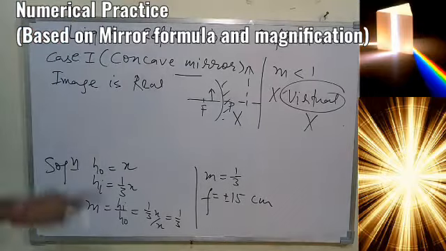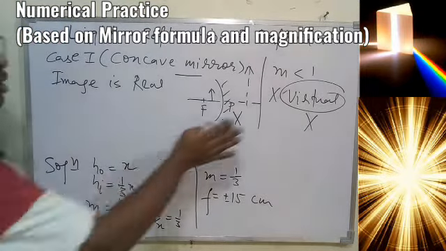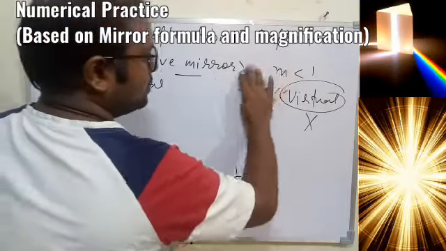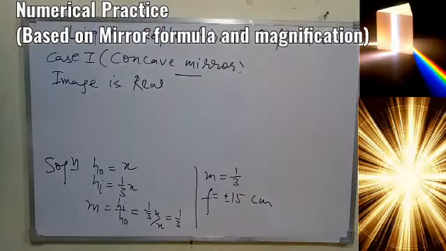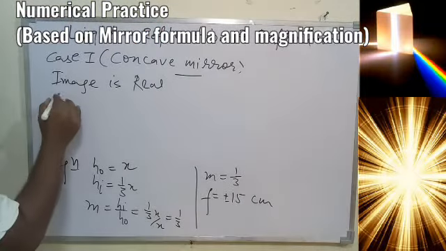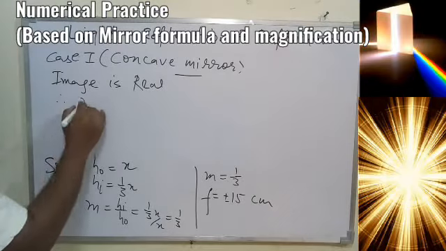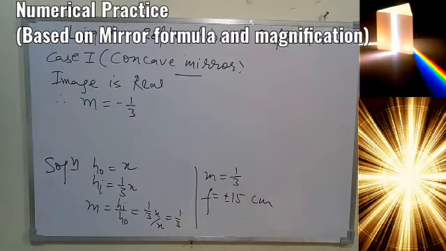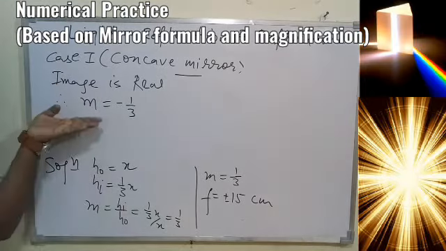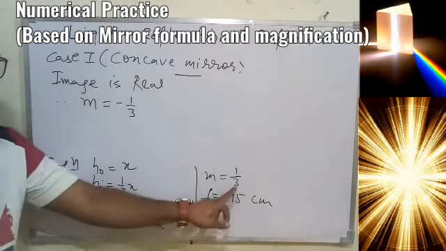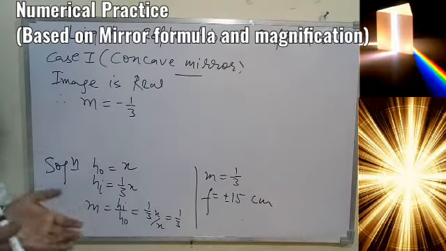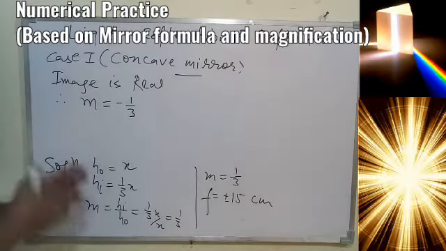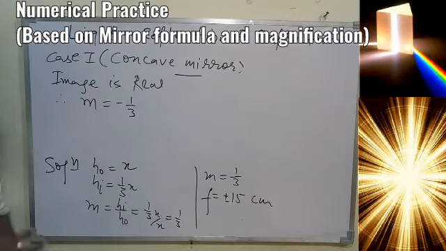So that's why we have only one case in the concave mirror, that is, the image will be real if it is a concave mirror. Therefore magnification must be minus 1 by 3. We know for the real image magnification will be negative. 1 by 3 is just the number we are getting, but whether it is positive or negative will depend on whether the image is real or virtual.